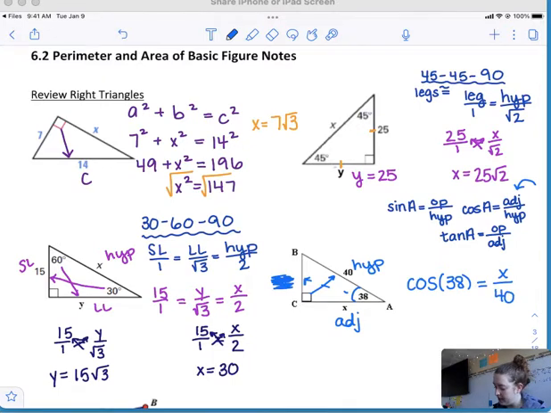We'll go ahead and take that cosine of 38 and put him over 1, and we'll cross multiply. 1 times x is x, and then we'll take 40 times the cosine of 38. And when we pop that into our calculator, we should be getting 31.5.